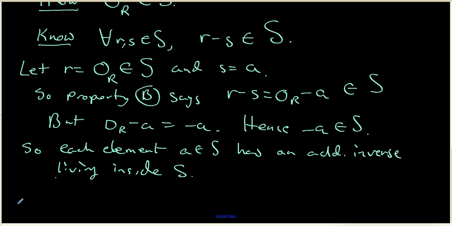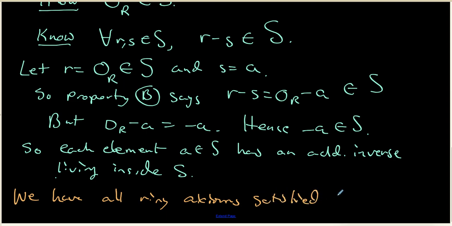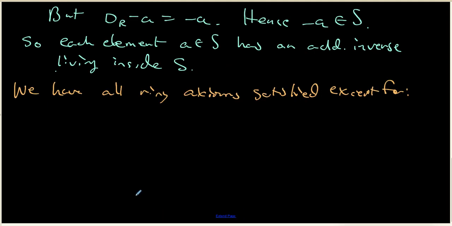So I want to make that note. We have all the ring axioms satisfied, except for the statement that says plus is closed on set S. So we now have to actually look at how we prove closure.